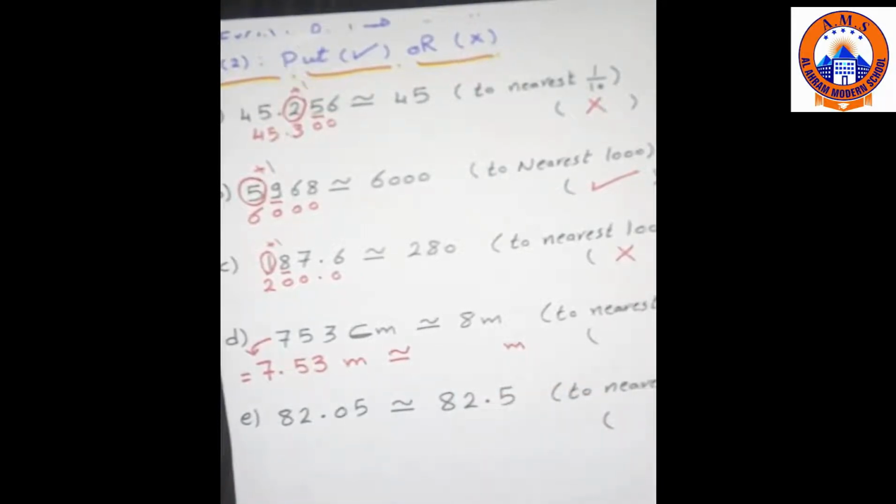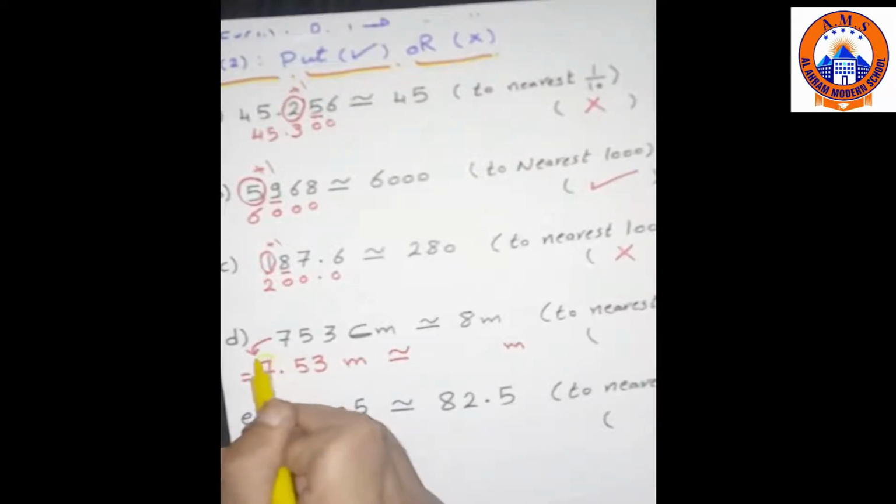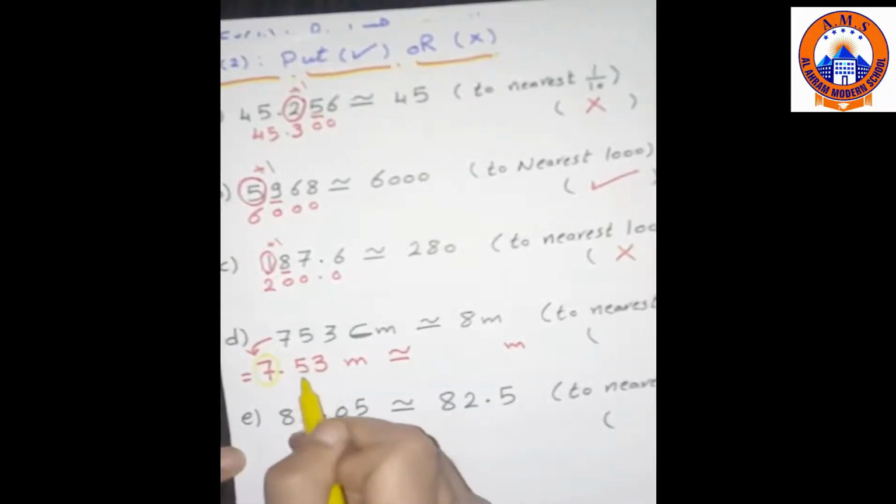And the unit is always before the point. So the unit digit is 7, we circle the digit 7 and underline the following digit, which is 5.